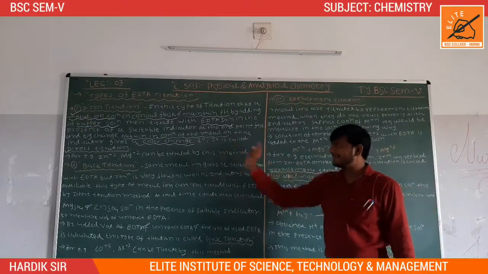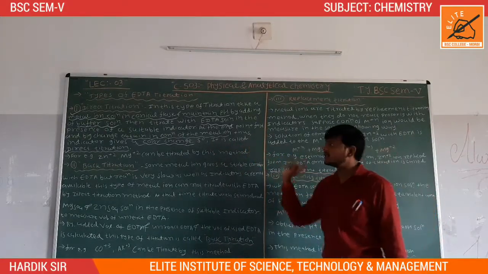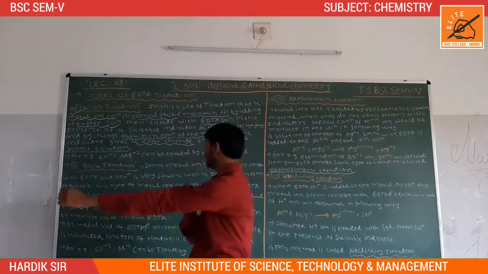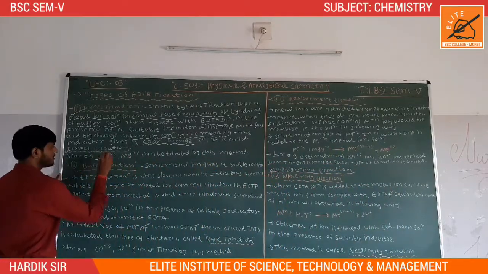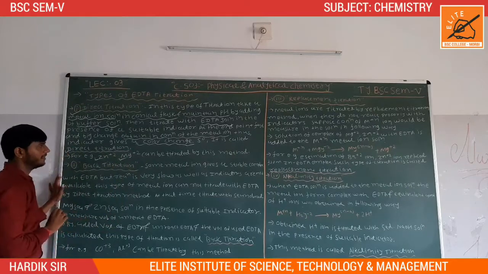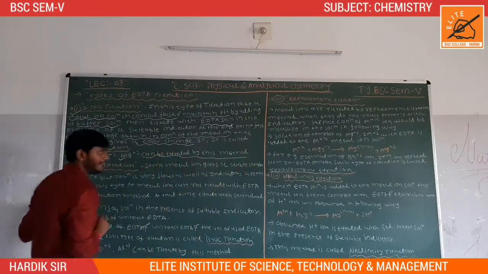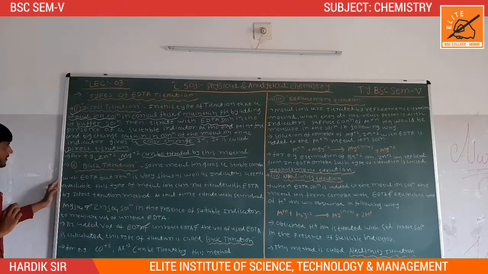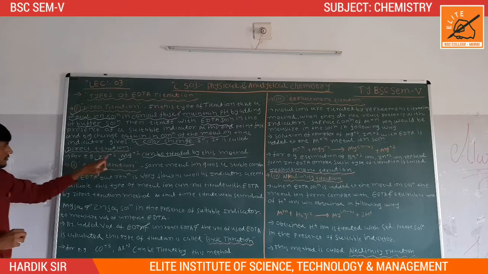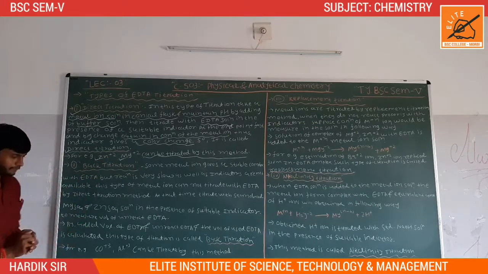So this method is called the direct titration method. For example, Zn plus 2 and Mg plus 2 ions can be titrated with the direct titration method.